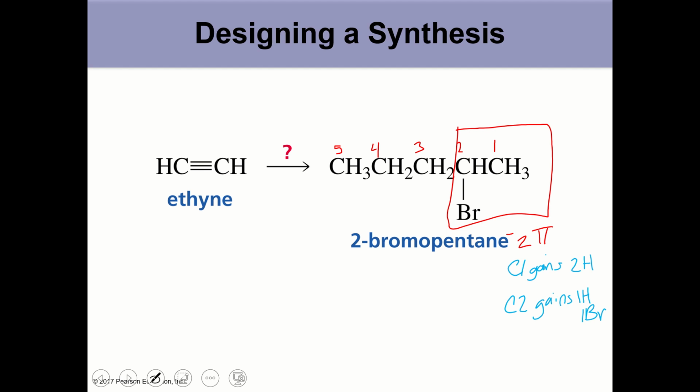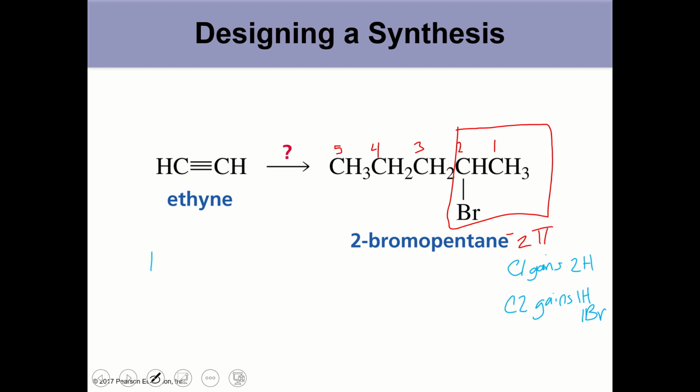So how do we do a reaction with an alkyne where we add only 1 halide? There are a couple of things that I could think of. So we have a few options. For example, I know that in the first step, the only way to add carbons to the alkyne is to use sodium amide. I deprotonate that and then add an alkyl halide with the desired number of carbons.